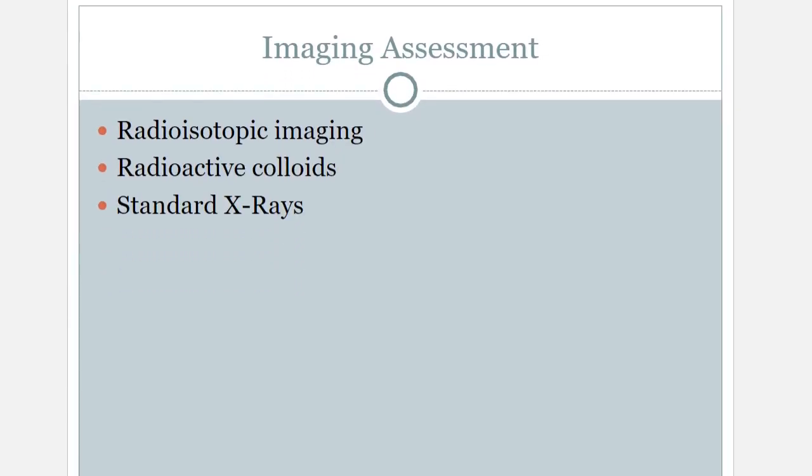And then as far as imaging on your patients, there may be some radioisotopic imaging that evaluates bone marrow's ability to activate cell formation and sites of iron storage.